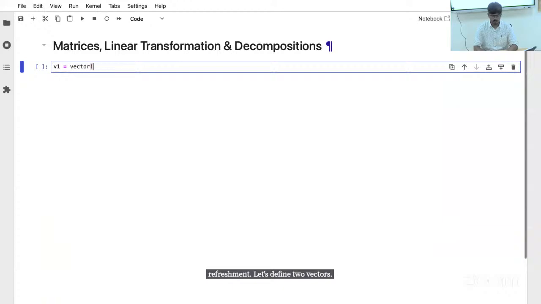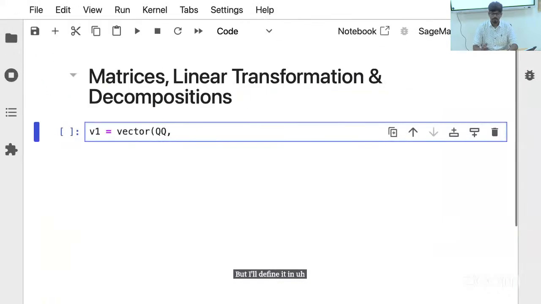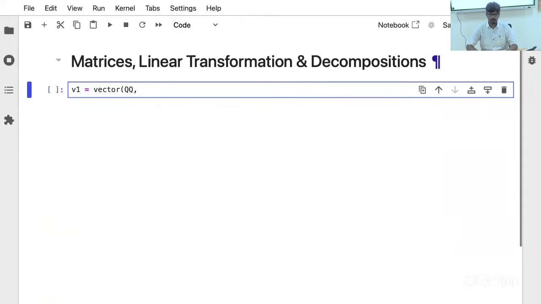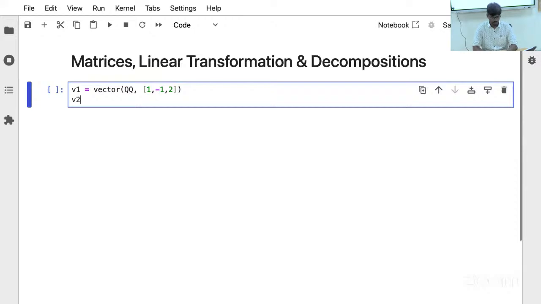Vector, I'll define it in the rational field. Say V1 is 1, -1, 2. Then V2 is a vector, 2, 3, -1.